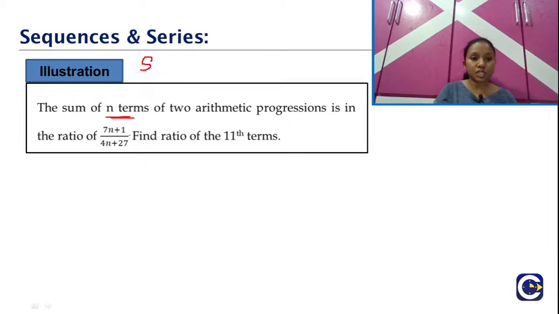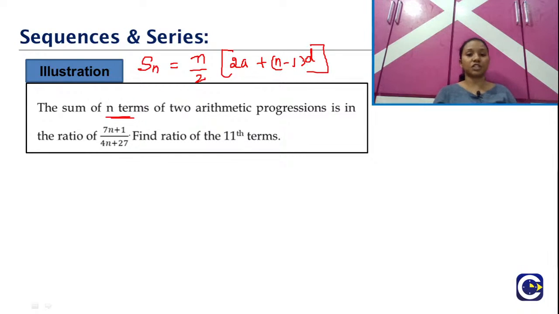So in general, the sum of n terms formula is given by n by 2 times 2a plus (n minus 1)d. The only change here for the two different progressions will be that the first term as well as the common difference will be different. So n will be the same, but the first term and the common difference will be different for each of the two arithmetic progressions.